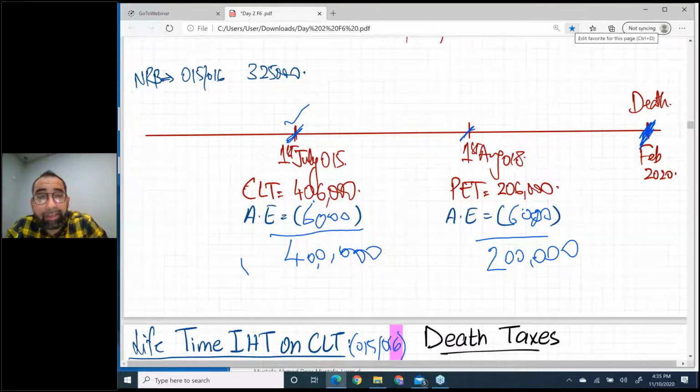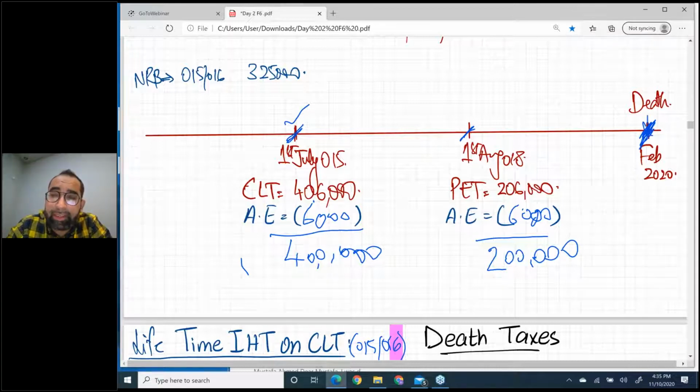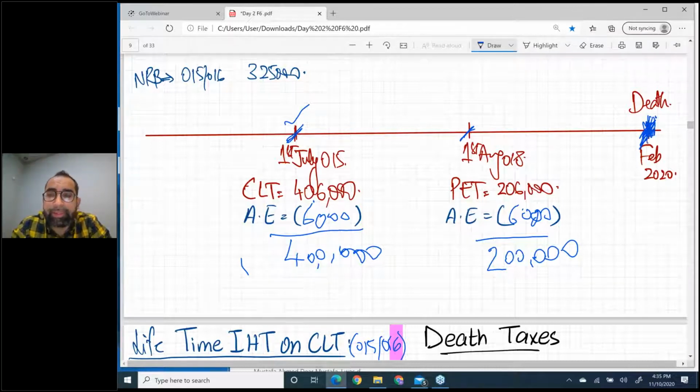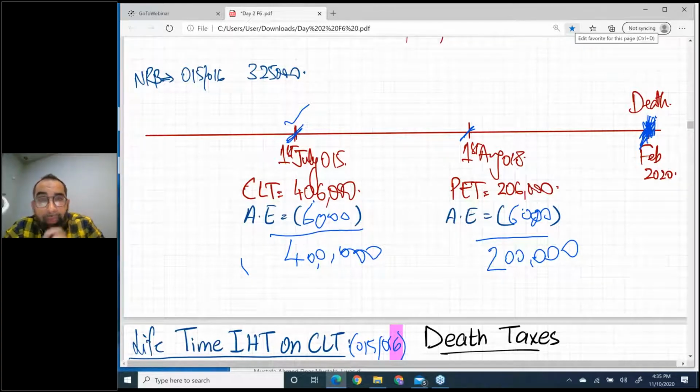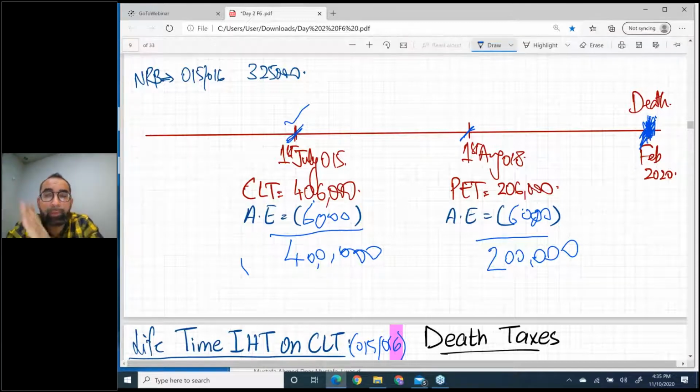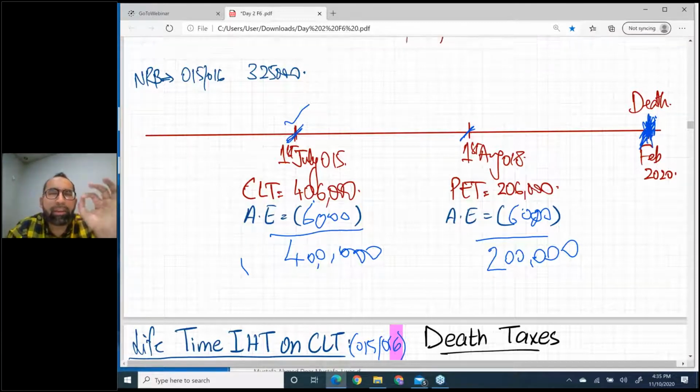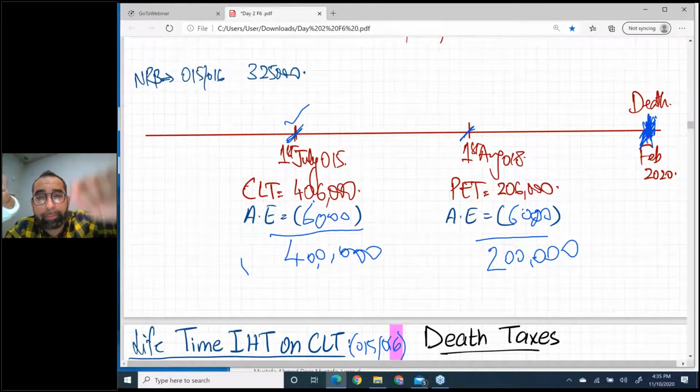Now, finally, the end day. This is death day. The person died on February 20, right? Now we have to start death taxes. The first and most important step of death taxes is, from the date of death you have to go 7 years back and mark that date.